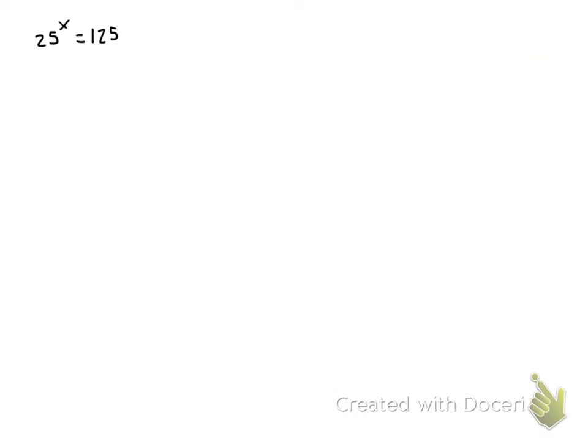Let's take a look at this one: 25 to the x power equals 125. Do you necessarily notice that 25 squared is 625? That's too big. 25 to the first power is only 25. But you should notice that 25 and 125 can be powers of 5.